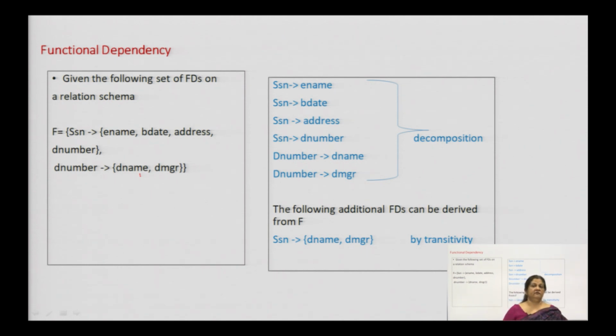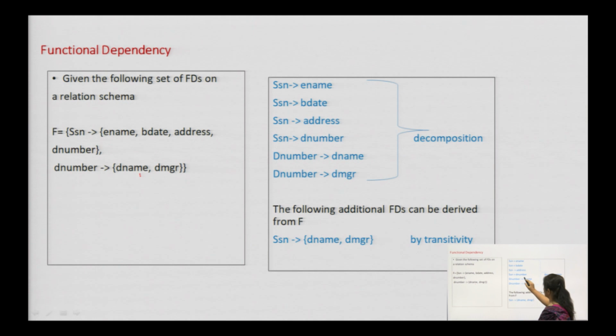Please be careful, we said both the left and the right hand side can be one or more attributes. For functional dependencies, we can decompose the right hand side, but we cannot decompose the left hand side.